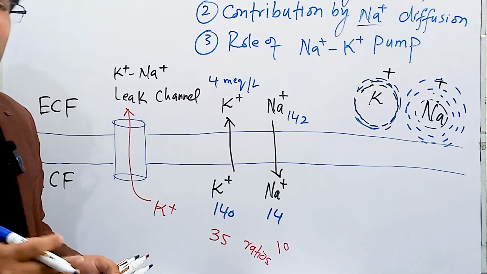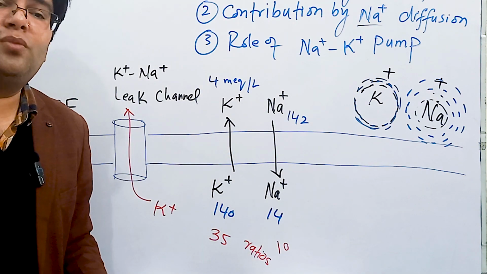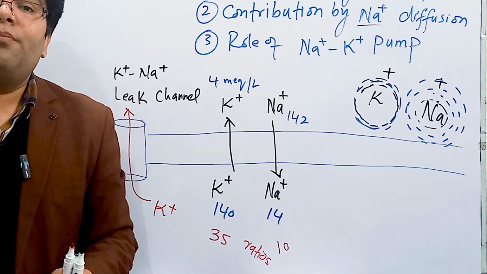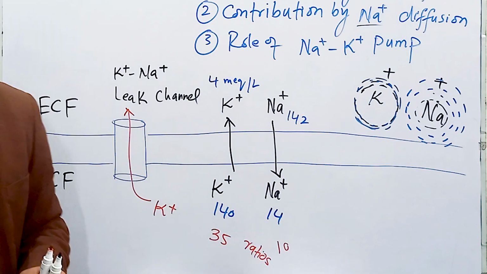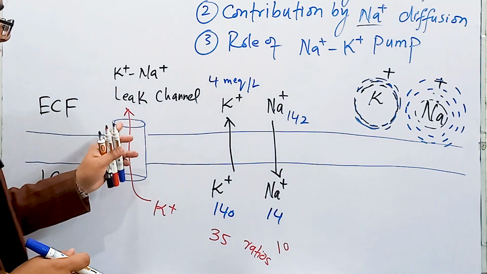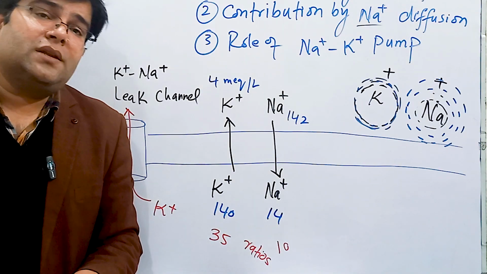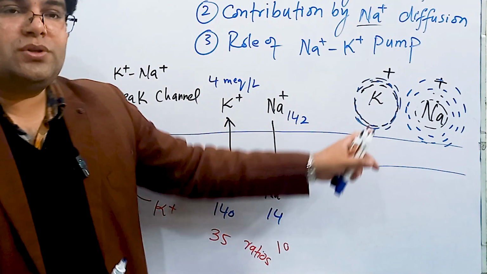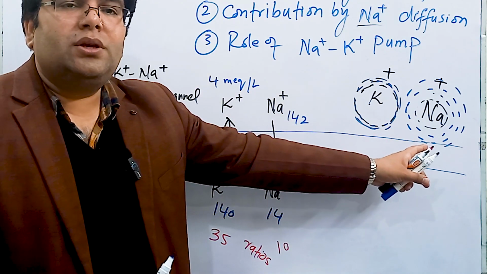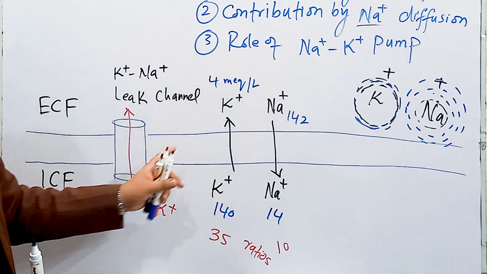And this is why the permeability of potassium is 100 times more than the permeability of sodium. So I repeat, permeability of potassium is 100 times more than the permeability of sodium to pass through the same leak channel. And this is the reason why potassium contributes much more in the generation of resting potential as compared to the diffusion of sodium.